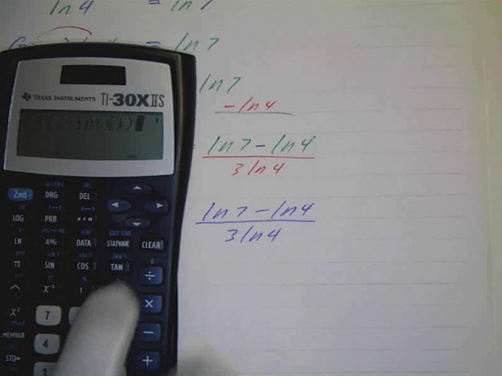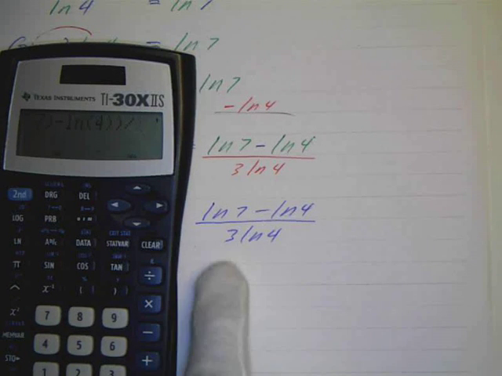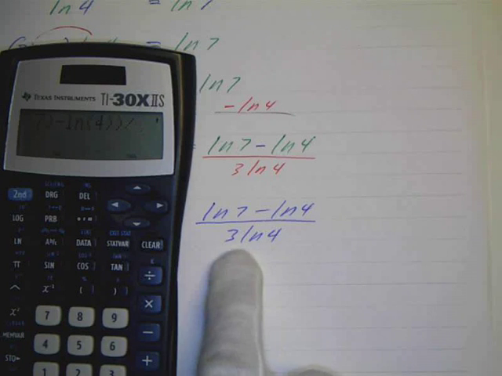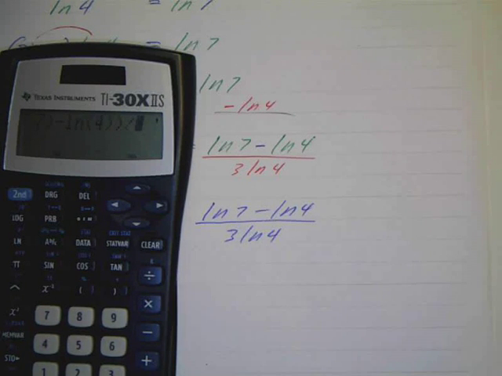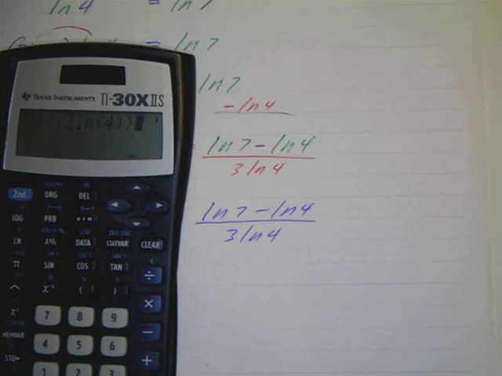Then I need another parenthesis to close the top, and that's going to be divided by, and then I'll put a parenthesis around the bottom so I divide by both the 3 and the natural log. If I don't, it might divide by 3 and then multiply by the natural log. So I'll put a parenthesis and then 3 natural log of 4, and one more parenthesis for the bottom, and then I just hit enter.